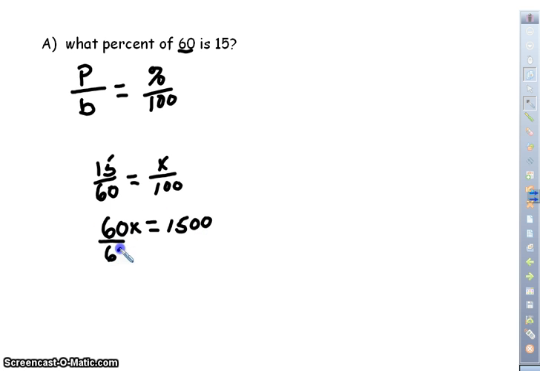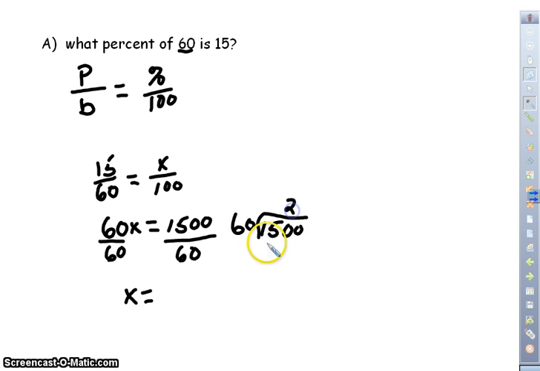Divide both sides by 60, and x will equal whatever 1500 divided by 60 is. We get 2 for this, which is 120. Subtract, we get 30, plus the 0 down below, and it goes into it 5 times, which gives me 300.